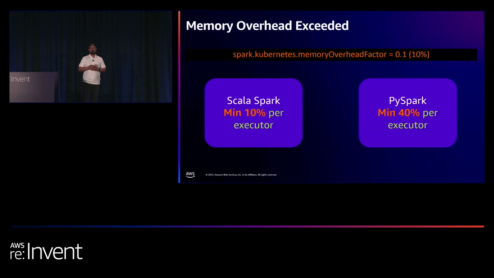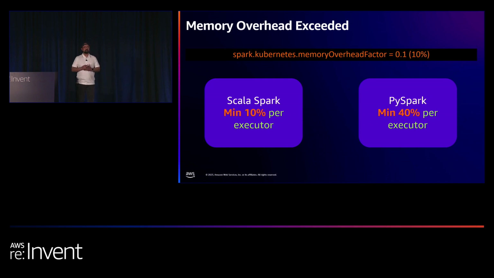Now, how many of you have hit the out-of-memory error when running Spark on EKS? I see a lot of hands here, and I get this question quite a lot from customers, because most of you are moving your workloads from Hadoop to EKS. When you're moving from Hadoop to EKS, one thing you need to consider is the memory overhead factor.